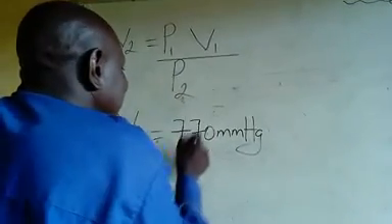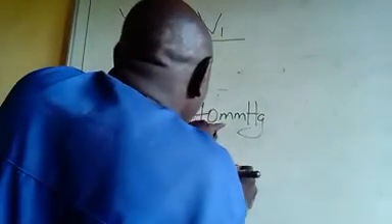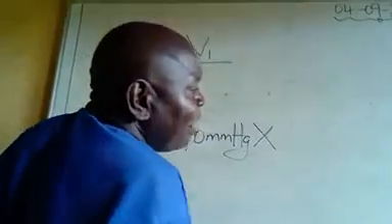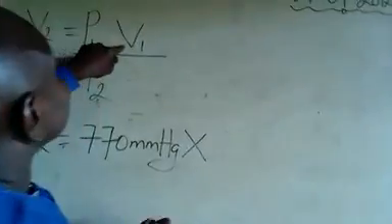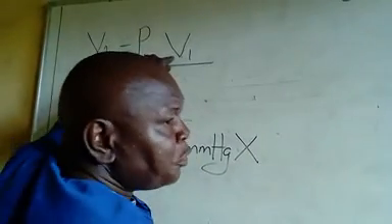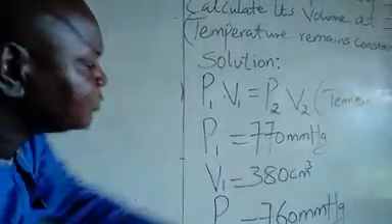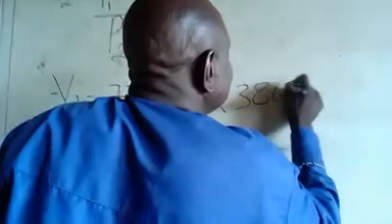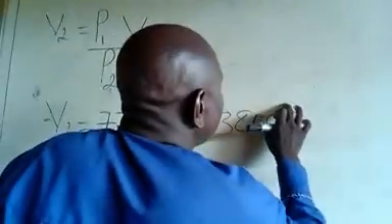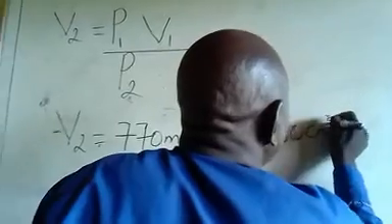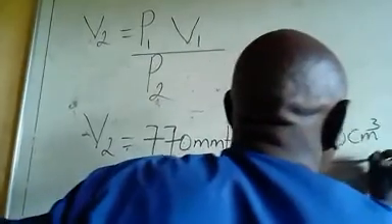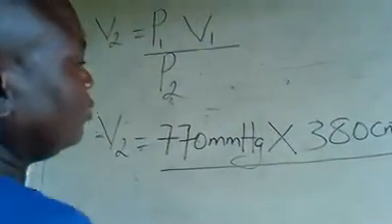What is the next line of action? Multiply this by V1. Our V1 means initial volume. Our V1 is 380 centimeter cube, all over P2.